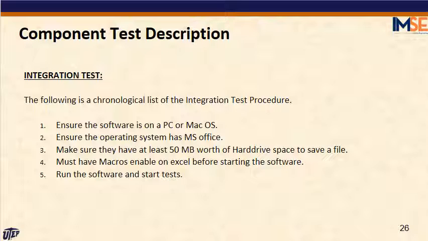Number 2, we need to ensure the operating system has Microsoft Office. Number 3, we need to make sure they have at least 50 megabytes worth of hard drive space to save a file. Number 4, we need to make sure that there's macros enabled on Excel before starting the software. And finally, we need to run the software and start the test in order to ensure a successful integration test.